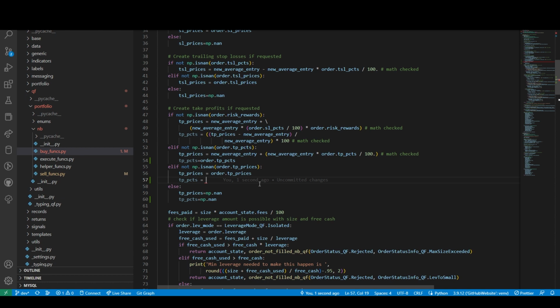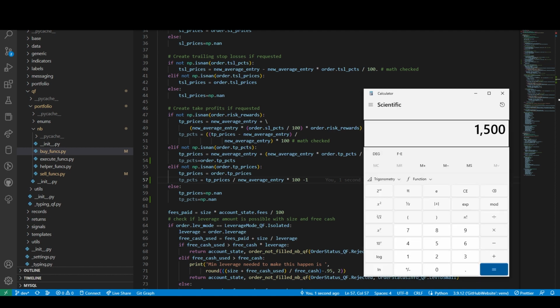So we would do new average entry. No, it would be TP prices divided by new average entry times 100 minus 1, right? Does that work?